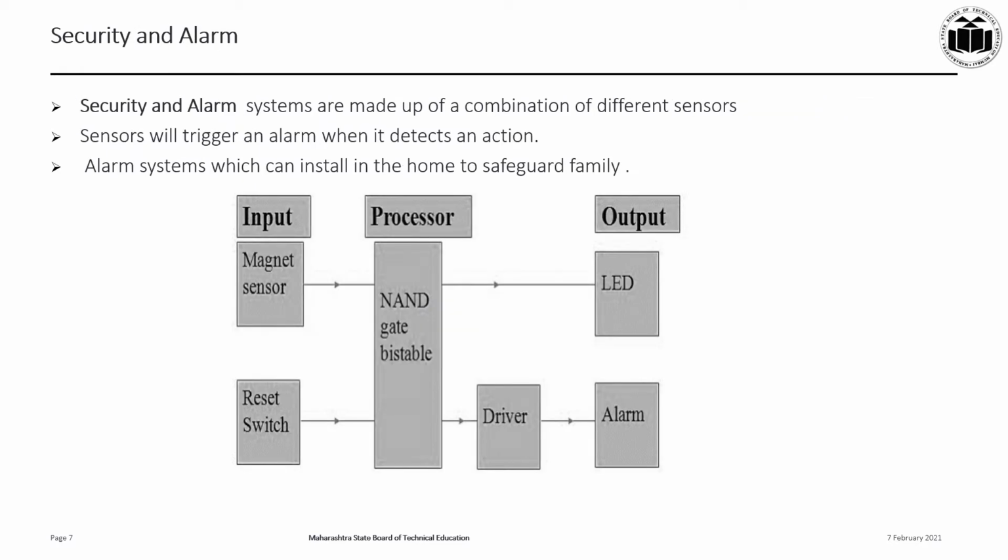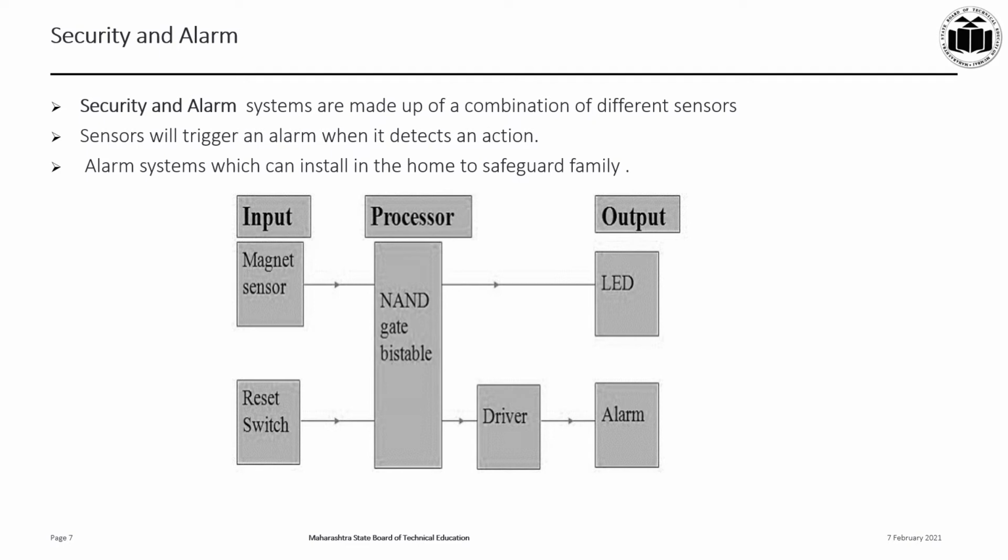The second component of a smart home is the security and alarm system. Security and alarm systems are made up of a combination of different sensors. These sensors will trigger an alarm when they detect any action. This alarm system can be installed in the home for the safety of the family from any outside danger.